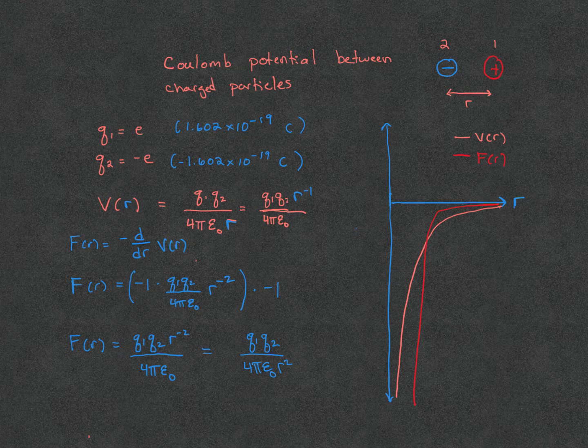And the force is also negative. So what does that mean, that the force is negative? Well, the force is a vector. So let's write that down. The force is a vector, so it points in a direction.